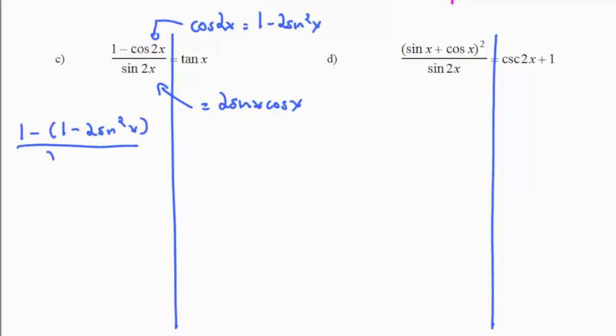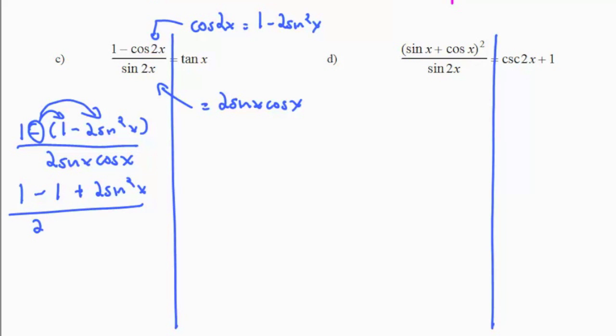Look what we get. 1 subtract, in brackets, 1 minus 2 sine squared of x divided by 2 sine x cos x. Okay, so what? So let's take this negative sign and distribute it to both those terms. So we end up with 1 subtract 1 plus 2 sine squared x divided by 2 sine x cos x.